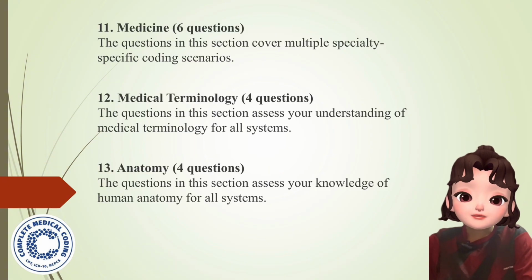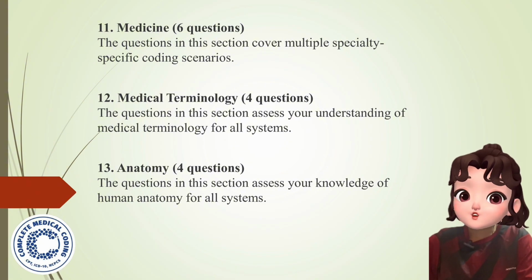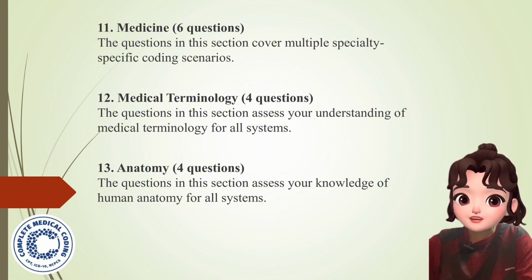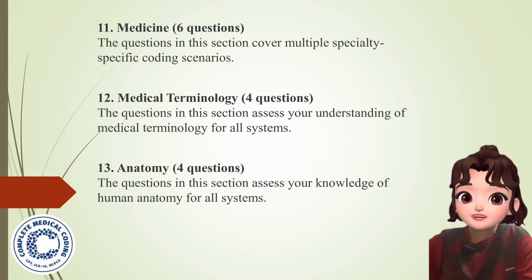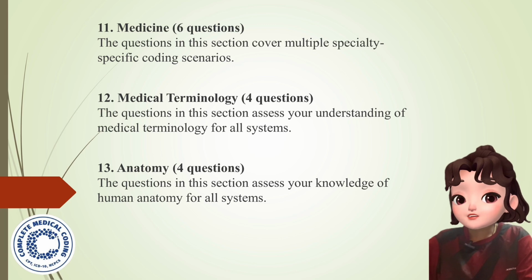Now, medicine. The medicine section consists of 6 questions. The questions in this section cover multiple specialty-specific coding scenarios. Medical terminology is important. Medical terminology consists of 4 questions, and assesses your understanding of medical terminology for all body systems. Anatomy is separate.